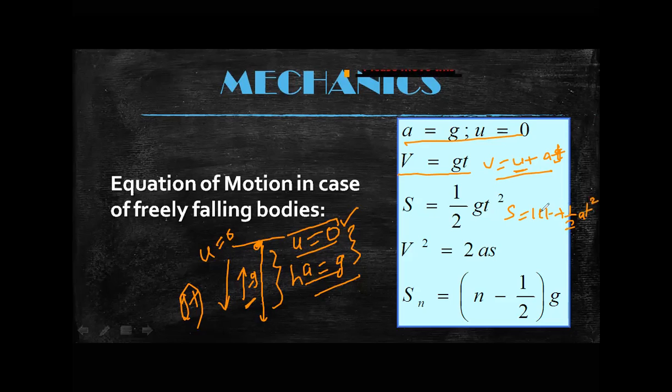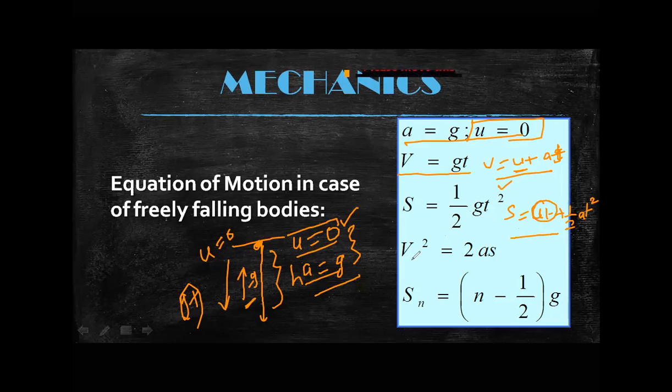Here I have to substitute u is equal to 0. When I substitute u is equal to 0, the first term becomes 0, so s is equal to half at square. Substituting a is equal to g, this equation becomes s equal to half gt square.